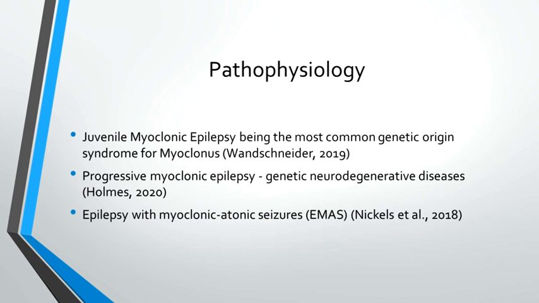There are three main pathologies here that are important. If you ever come across these patients, they will most likely be previously diagnosed. The first one is juvenile myoclonic epilepsy. This is the most common generalized epilepsy syndrome that you'll see with myoclonus involved. It may also be called epilepsy of Janz.